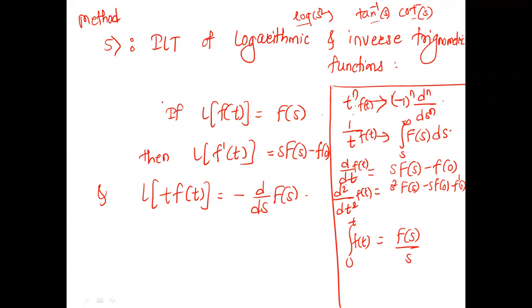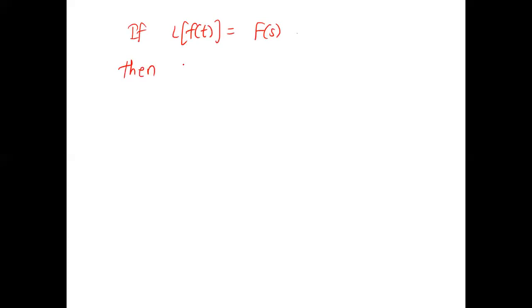Remember this, if Laplace of f of t is f of s, then Laplace of t f of t is minus d by ds of f of s. Let me take it forward. So if Laplace of f of t is say f of s, then Laplace of, sorry, not f dash of t, we need t now.